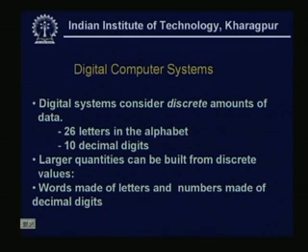These are discrete non-numerical letters. Then the 10 decimal numbers: if I take a huge number, say 9563210, each decimal digit is a discrete number.